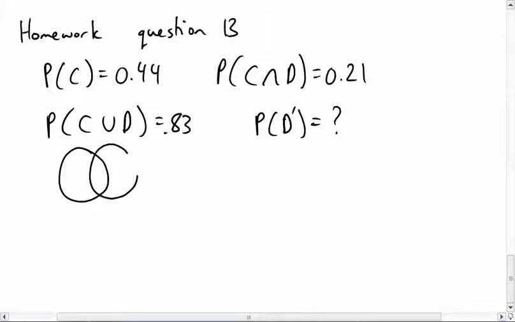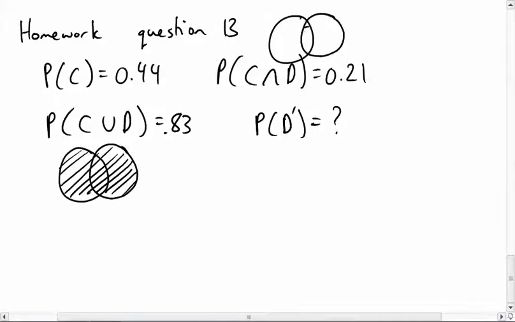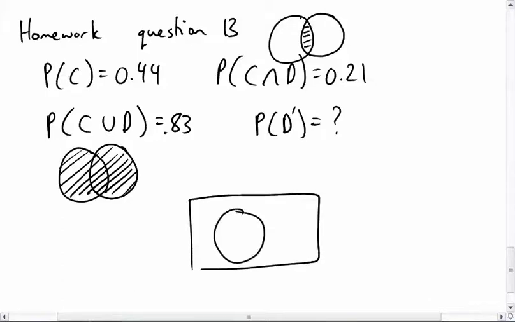Union means the whole Venn diagram. Okay, everything is 83%. Intersect means the place where they overlap. So I know right from the beginning that I have 21% in the overlapping area.